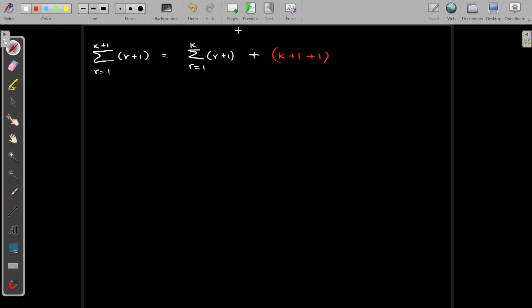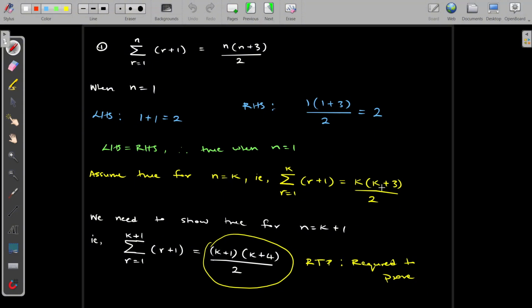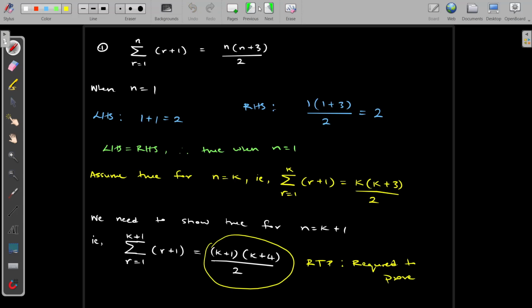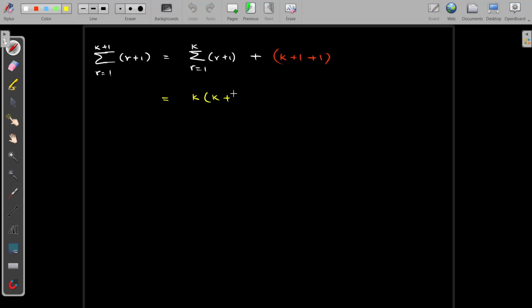And we know what the sum is up to the k term is just k times k plus 3 over 2. So replace that as well. So k times k plus 3 over 2 plus k plus 2. Alright, so we have this working with, and we need to simplify.